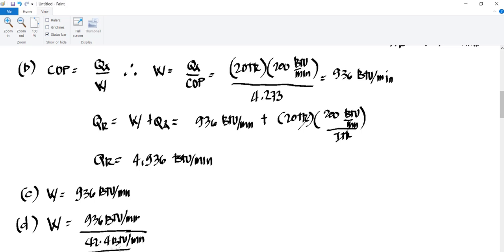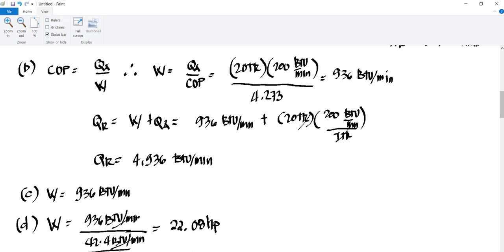So cancel. You have the following value using your calculator: 22.08 horsepower.